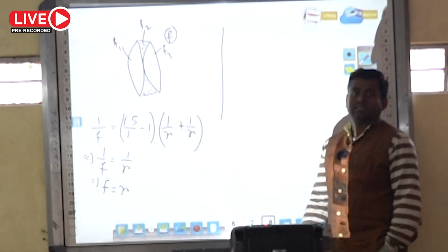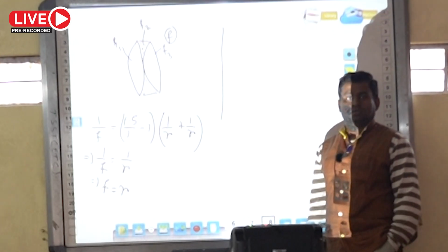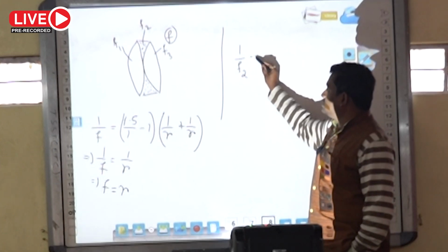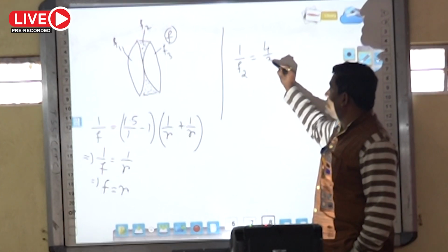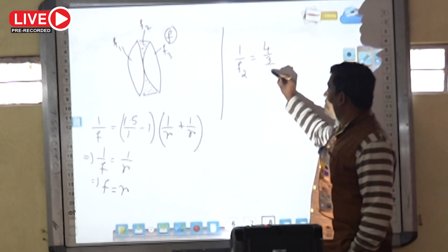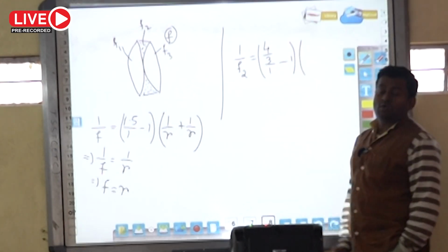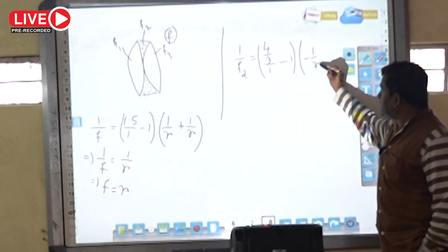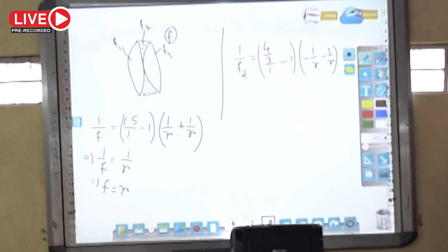Now we consider the equiconcave lens made of water. For that, suppose the focal length is f2, then it will be (mu2/mu1 - 1), where mu2 is 4/3, into (1/r1 - 1/r2). Since it is equiconcave, this one will be minus r, and the next one will be minus r as well.